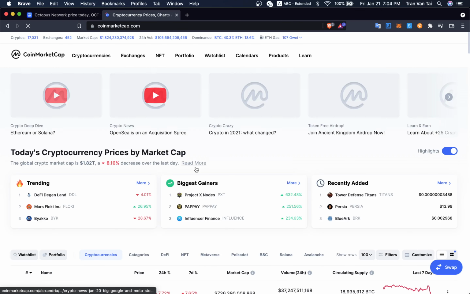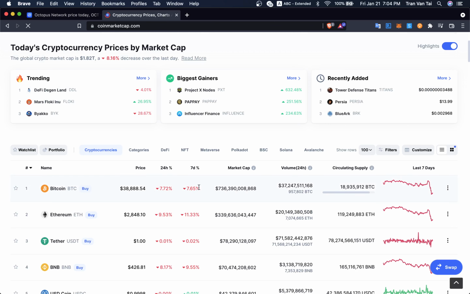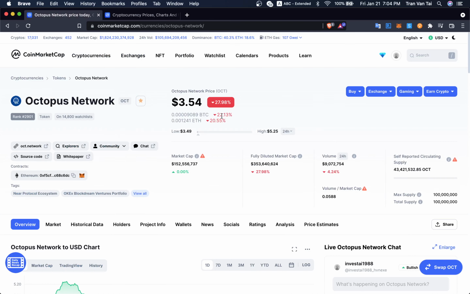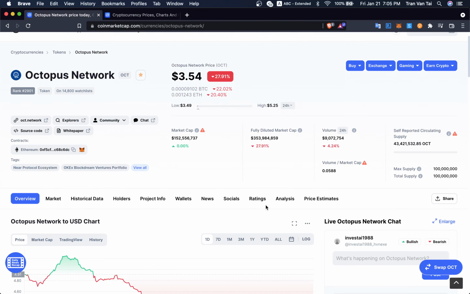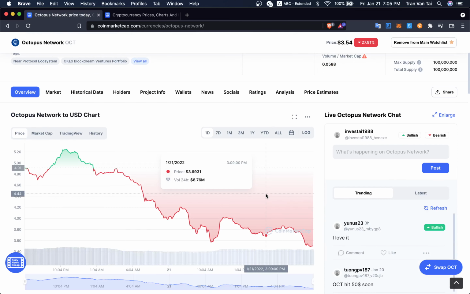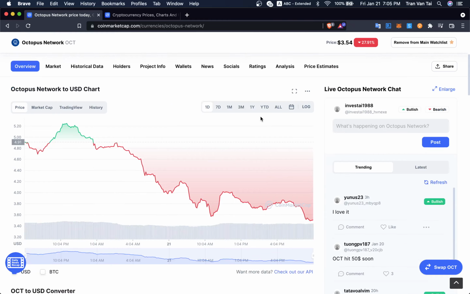Check BTC down in 24 hours over 7.5%, a lot today, under $40,000, and it pulls most of the other tokens on the market down together.